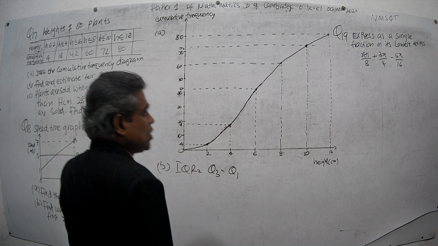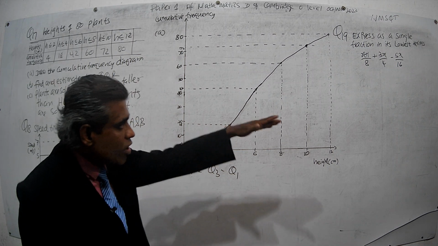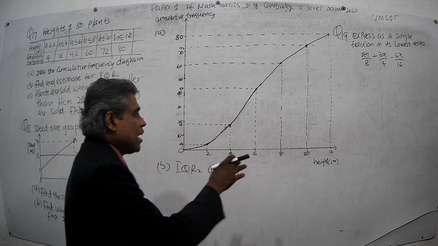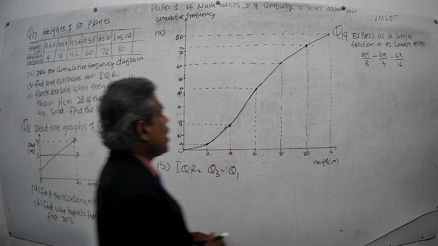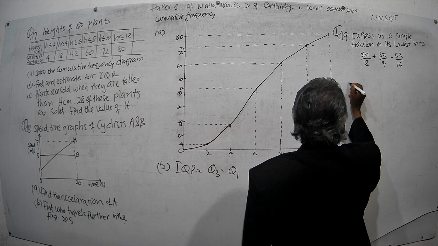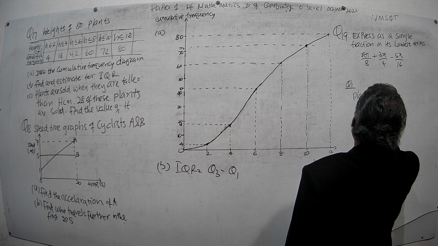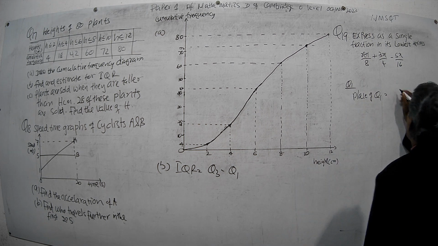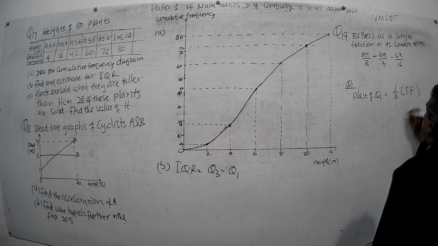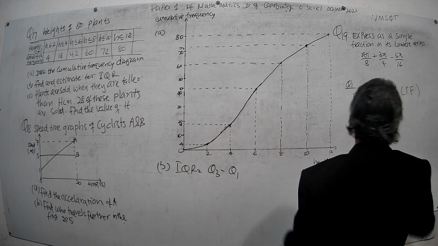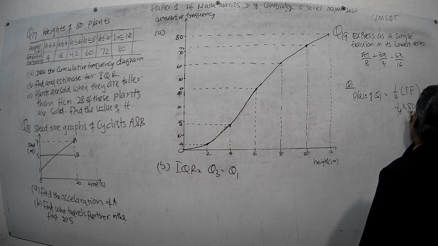It is the value at the place where the set of data, arranged in ascending order, is divided into the first quarter. This is how you find Q1. First of all you find the place of Q1. The place of Q1 is 1/4 of the total frequency. 1/4 of the total frequency 80, that is 1/4 times 80, which is 20.